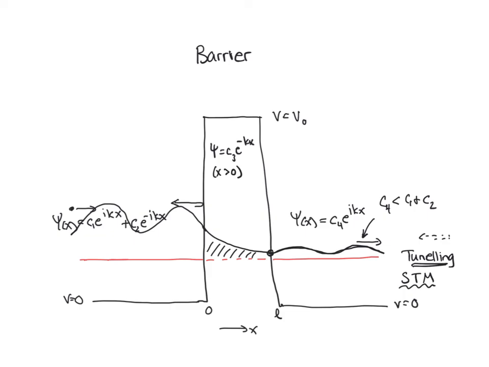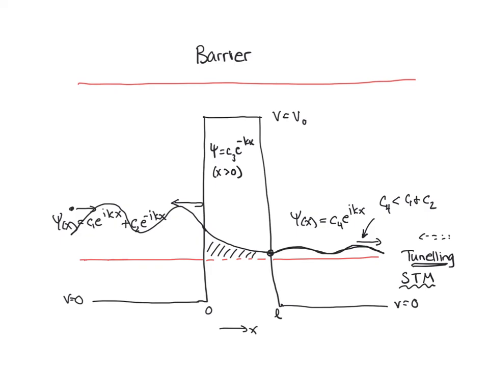So we also could have the possibility where we have total energies that are greater than the barrier height. If my total energy is greater than the barrier height, then I'm going to expect that my kinetic energy over the barrier is going to be small.